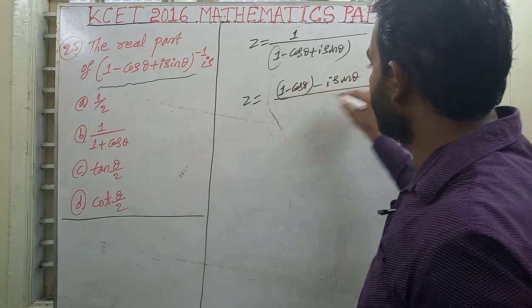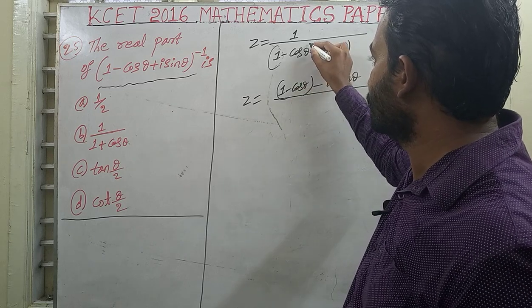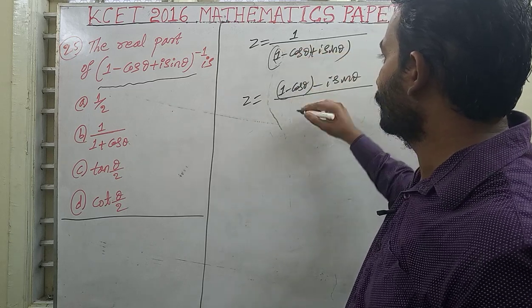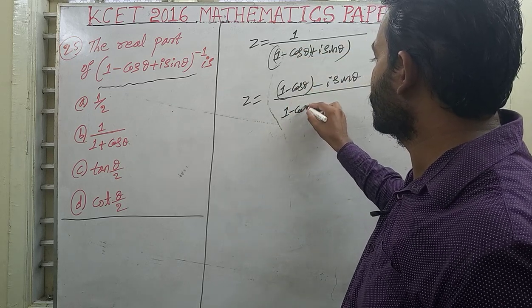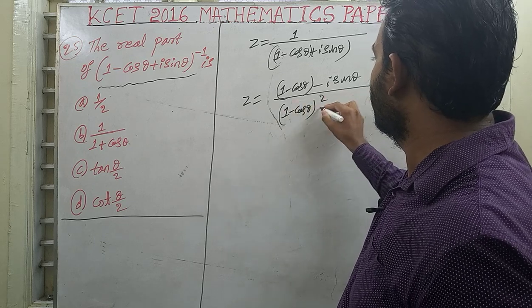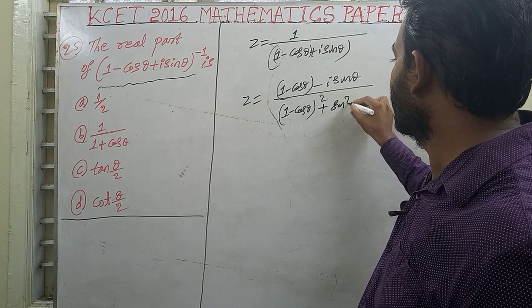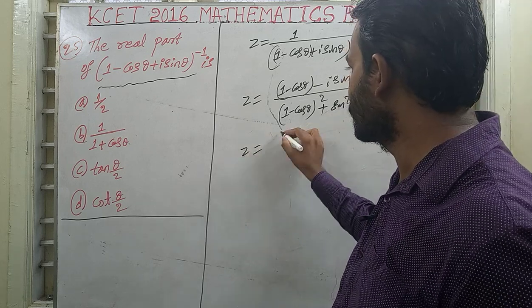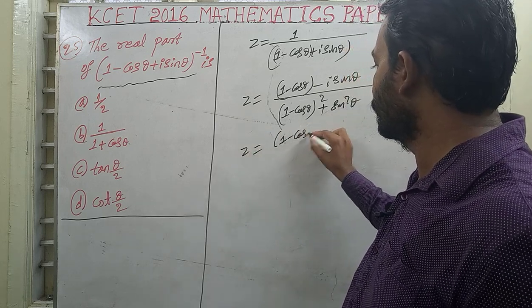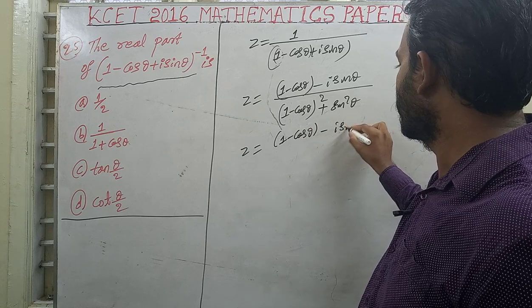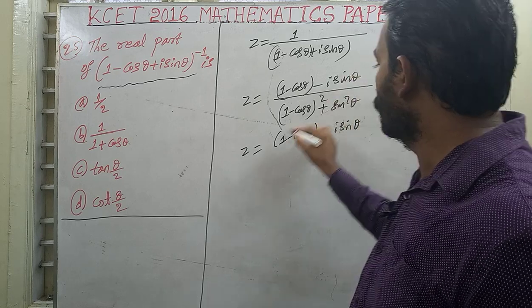In the denominator it becomes a square minus b square: 1 minus cos theta whole square minus i square sin square theta, that is, plus sin square theta.